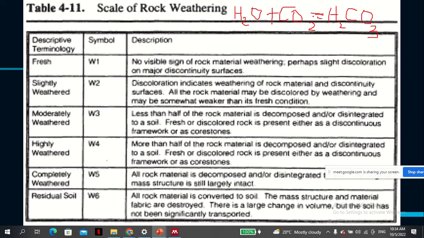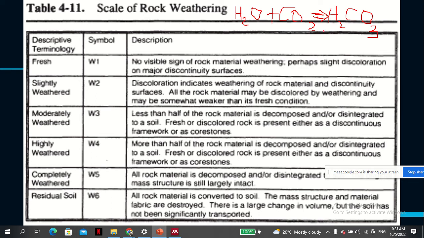In chemistry we are told this is not equal, so maybe use an arrow. And so this is the first part. The water reacts with, or dissolves, carbon dioxide, because we have a lot of it in the environment, to form acidic rain.